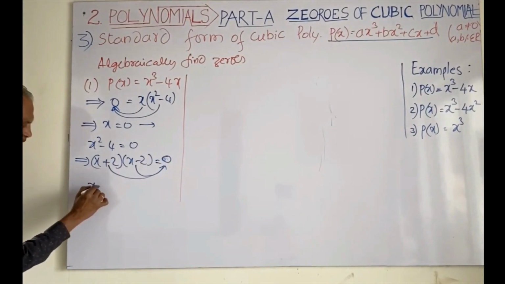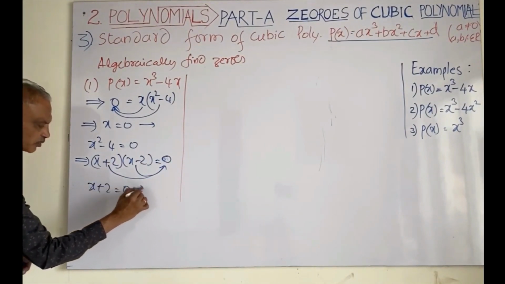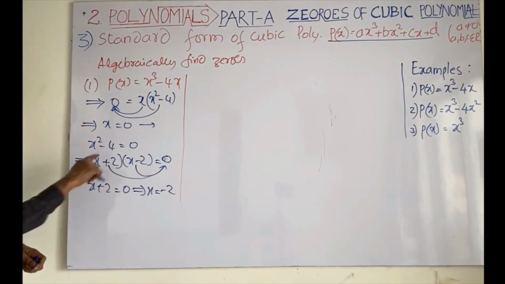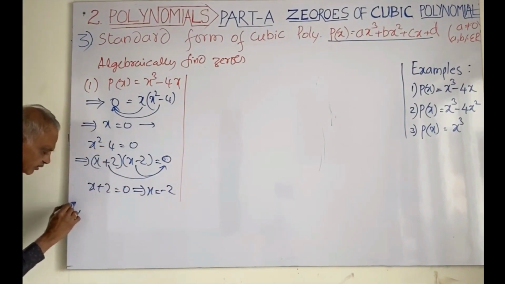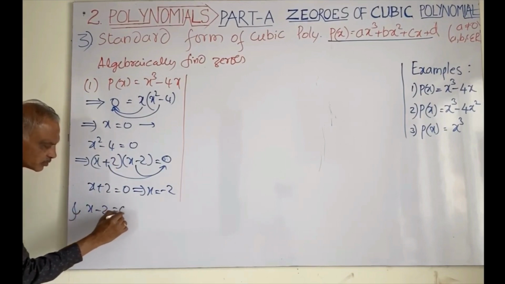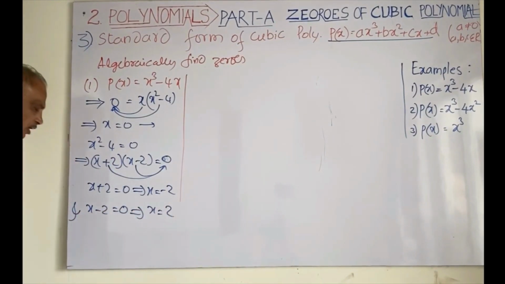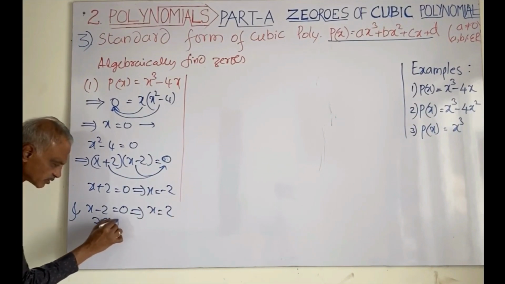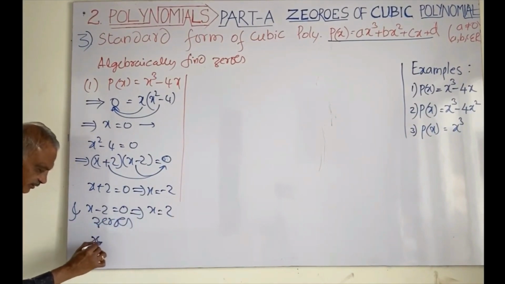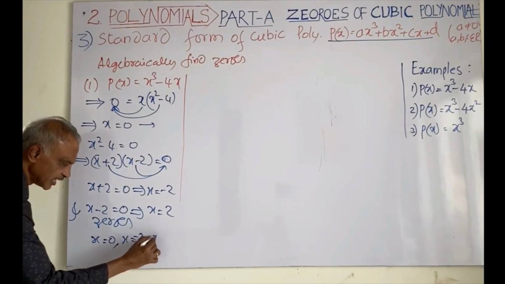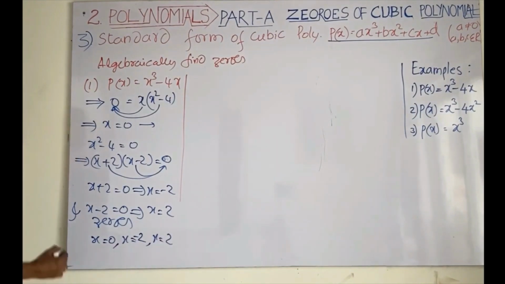First x plus 2 is equal to 0 implies x is equal to minus 2. One of the zeros you got here, and x minus 2 is equal to 0 gives another zero. How many zeros did you get? The zeros are x is equal to 0, x is equal to minus 2, x is equal to 2.